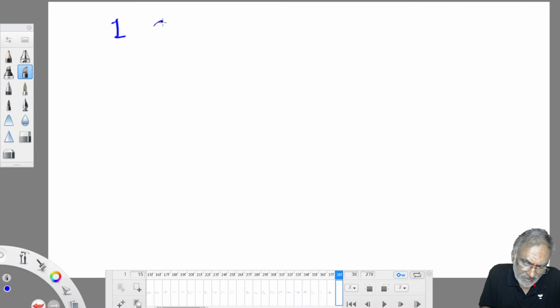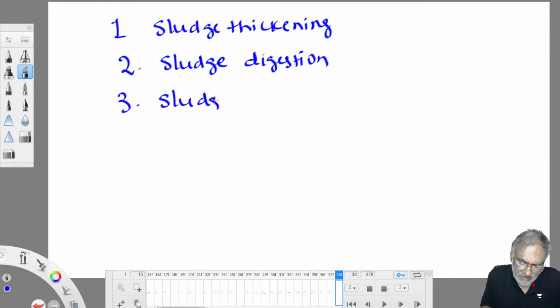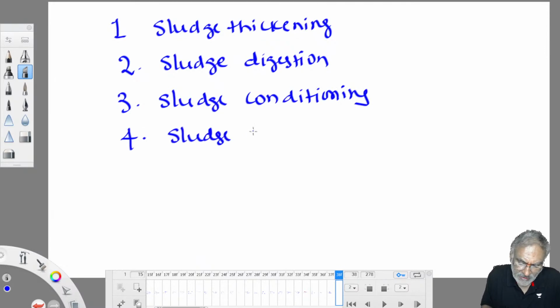One is called sludge thickening, followed by sludge digestion, followed by sludge conditioning, and sludge dewatering and drying.